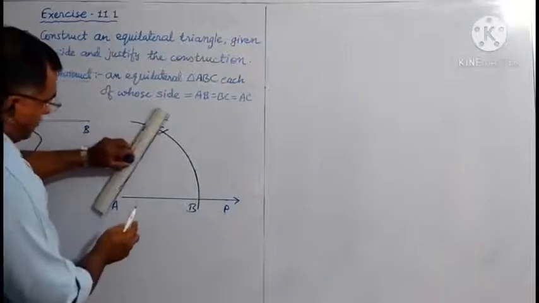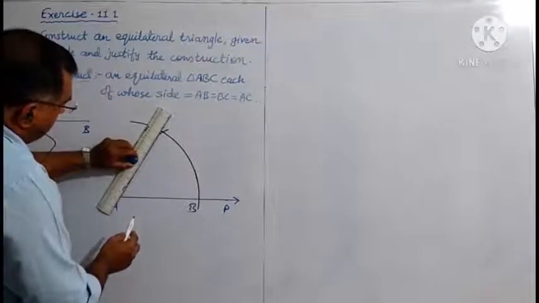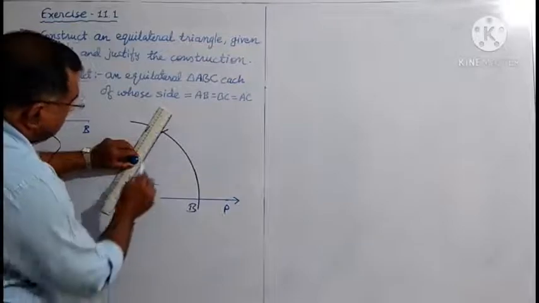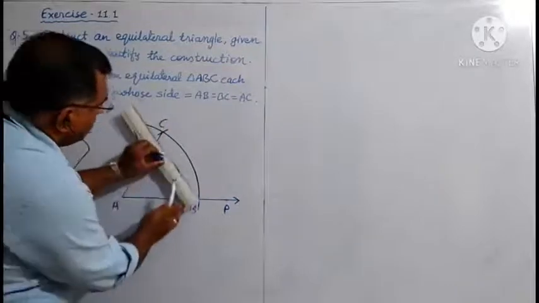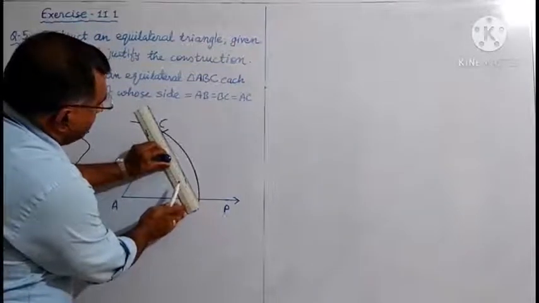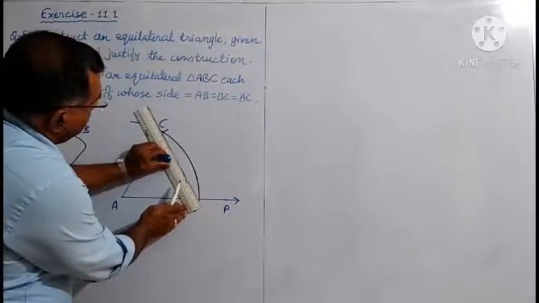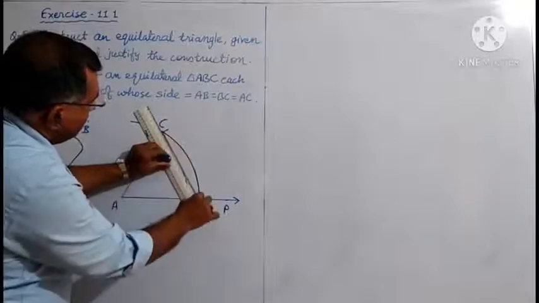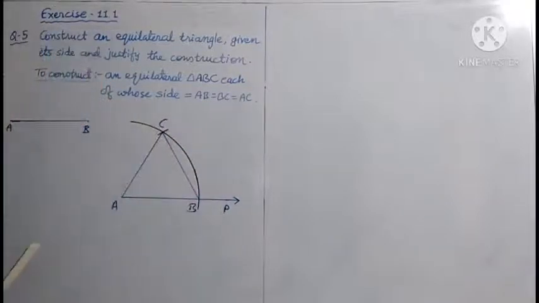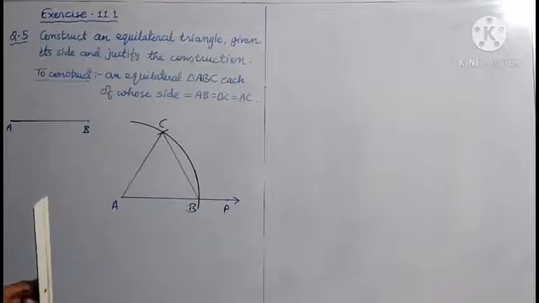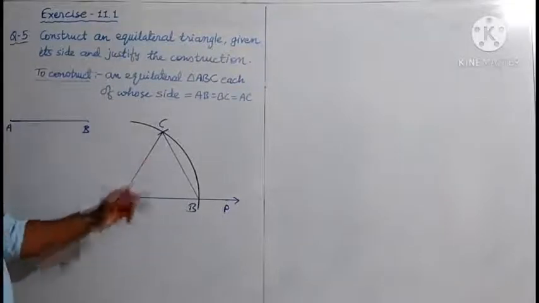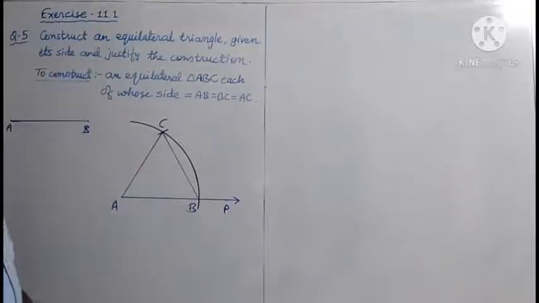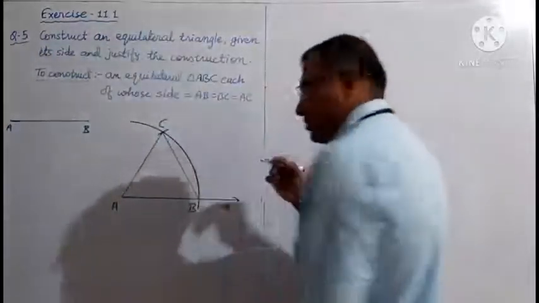So now join AC and BC. Thus triangle ABC with all sides of equal measure is constructed, that is an equilateral triangle. So let us write the steps of construction here.